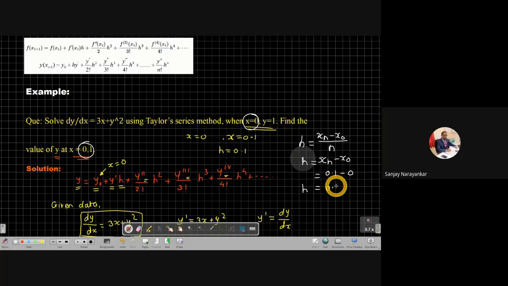If it is not given, generally it is given in the problem statement, h is equal to 0.1 or so. Okay, you can easily understand, students. If I'm writing h is equal to 0.2, does it make any sense? Does it make any sense here?